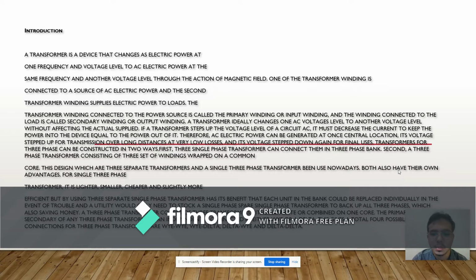A single three-phase transformer is lighter, smaller, cheaper, and slightly more efficient. But using three separate single-phase transformers has the benefit that each unit in the bank can be replaced individually in the event of trouble, and the utility would only need a single-phase spare transformer to back up all three phases. Okay, this is only for the introduction.